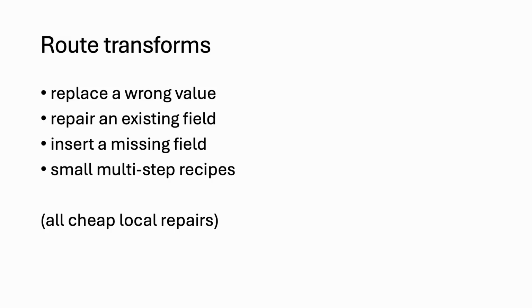And when I was implementing the route transforms, I tried to keep them intentionally simple so that they're all cheap to run and they're all local repairs, because it kind of defeats the purpose if the process of repairing is just brute forcing anyway. So I try to keep it to ones that can either succeed quickly or just bail on that frontier. And sometimes the repair is to just replace a wrong value with the hinted one.